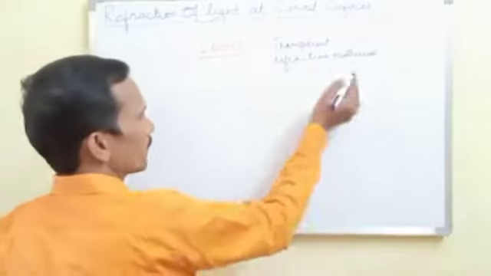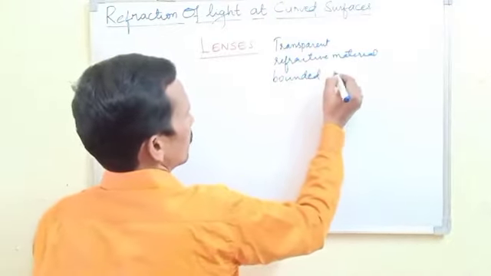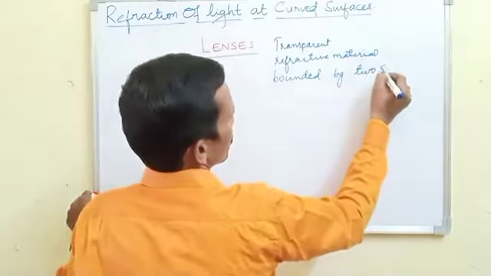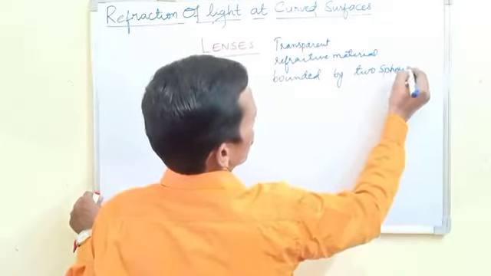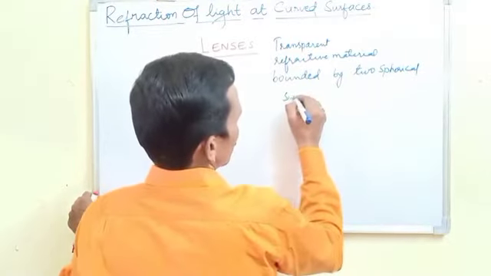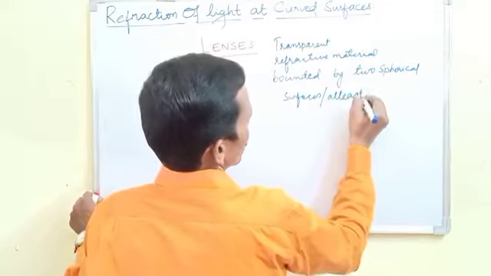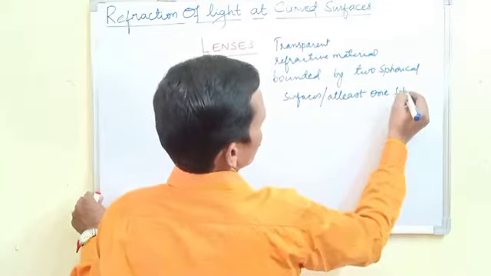So it is a transparent refractive material bounded by two spherical surfaces or two curved surfaces, with at least one spherical surface.